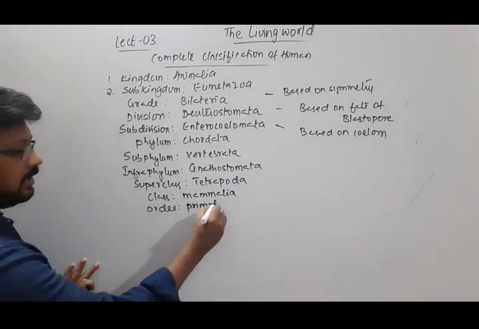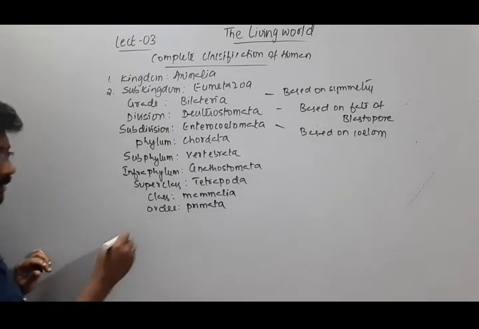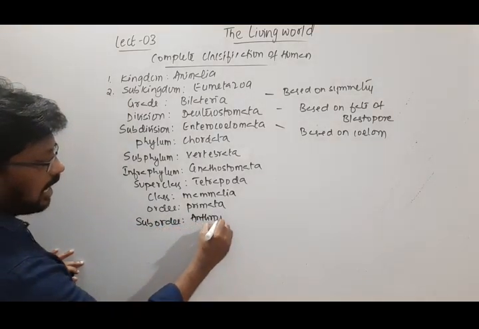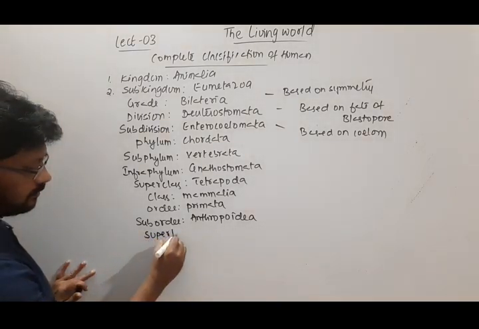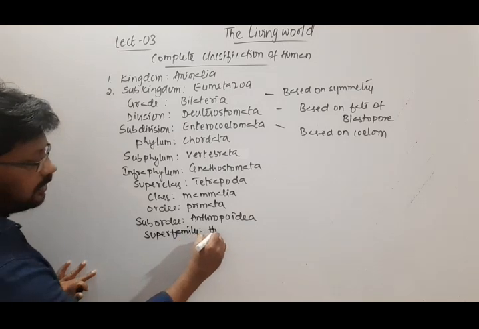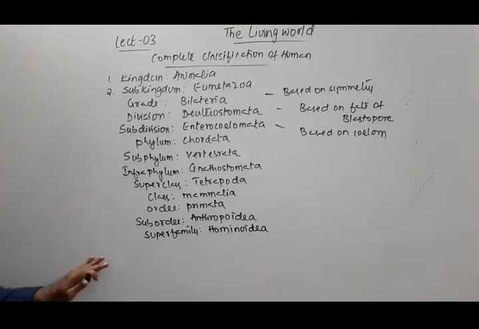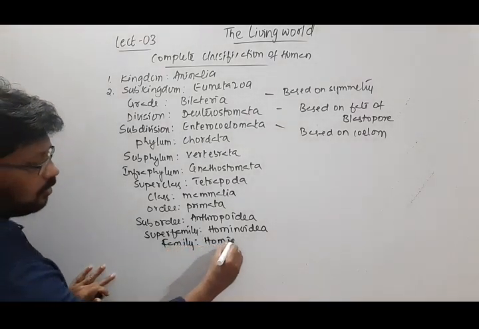Then the order, I already told you, is Primata. After the order we have a suborder, and this is Anthropoidea. Below the suborder we have a superfamily, which is Hominoidea. Below the superfamily is the family, which is Hominidae.